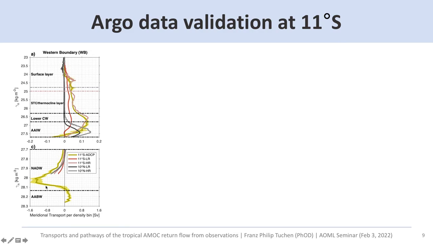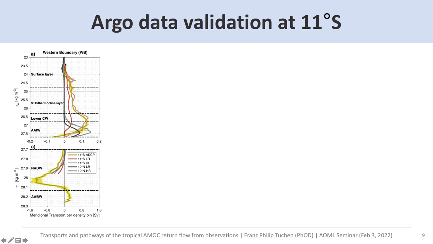So first, focusing on the ship-based estimates, we can again see the structure of the AMOC, northward transport in the central water to intermediate water layer, and then this southward transport in the deep water layer. You have to know that Argo data is only available to about 2,000 meters widely. So this is why only for the ship-based measurements we have data down to the bottom, and we will not be looking further into deep water or bottom water layers.